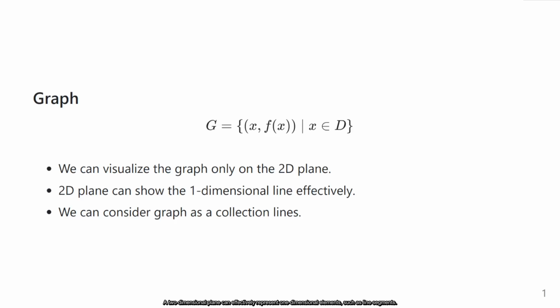A two-dimensional plane can effectively represent one-dimensional elements, such as line segments. Although it's possible to project three-dimensional shapes onto a two-dimensional plane, this relies on our imagination, and what we clearly represent in two dimensions are actually one-dimensional shapes. Therefore, when visualizing a graph, it's necessary to convert the graph into a set of line segments.